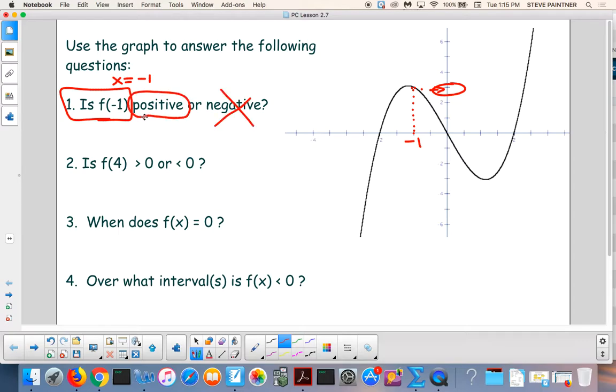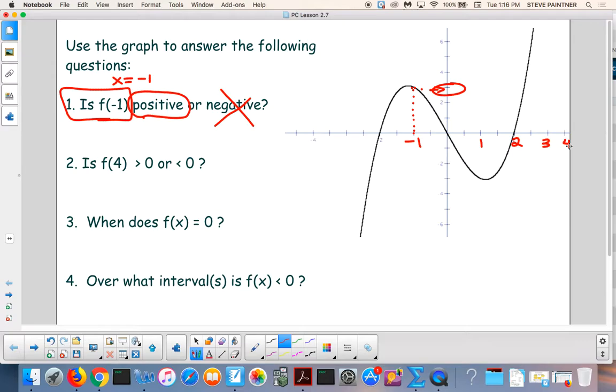Really what you're doing is looking at the graph and saying, is my answer positive or negative? Is f of 4 going to be greater than 0 or less than 0? Every interval is 1. That's 1, that's 2, that's 3, and 4 is over there somewhere.